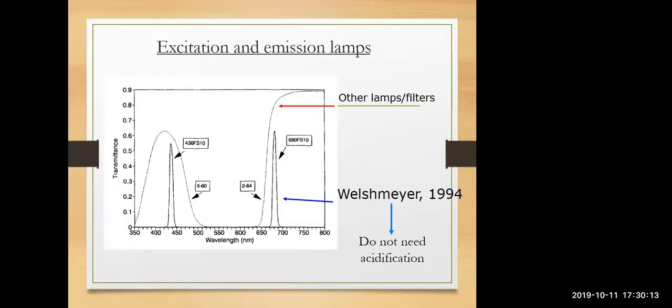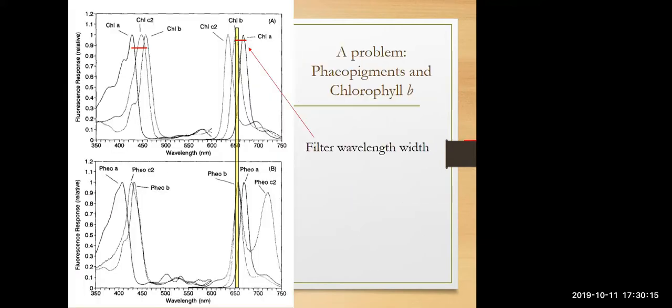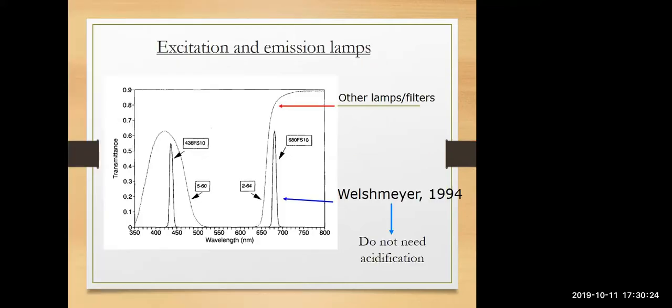In order to solve this problem, the acidification method was implemented to correct for chlorophyll B and other pigments in samples. However, in 1994, Welschmeyer introduced the use of new lamps and new excitation and emission filters in order to be more specific in the detection wavelength.